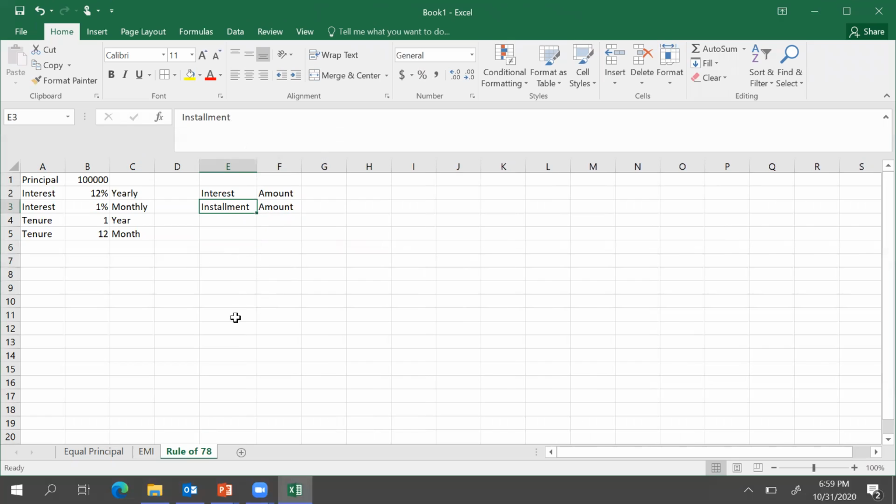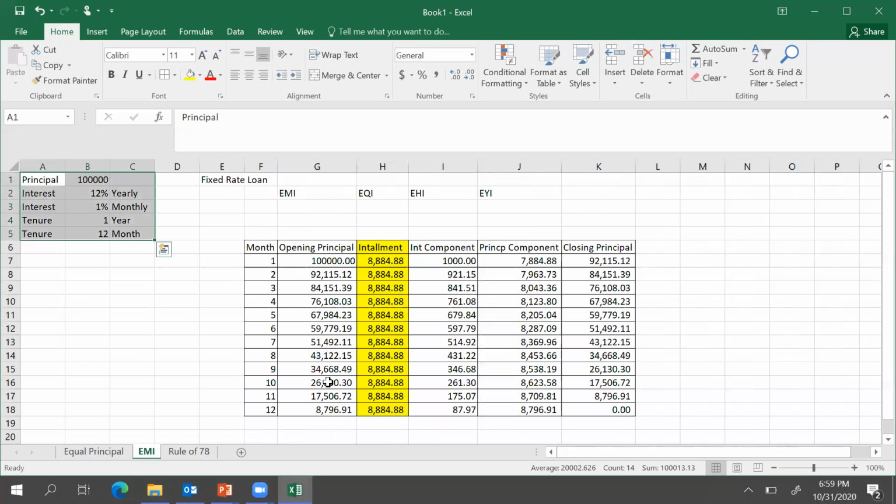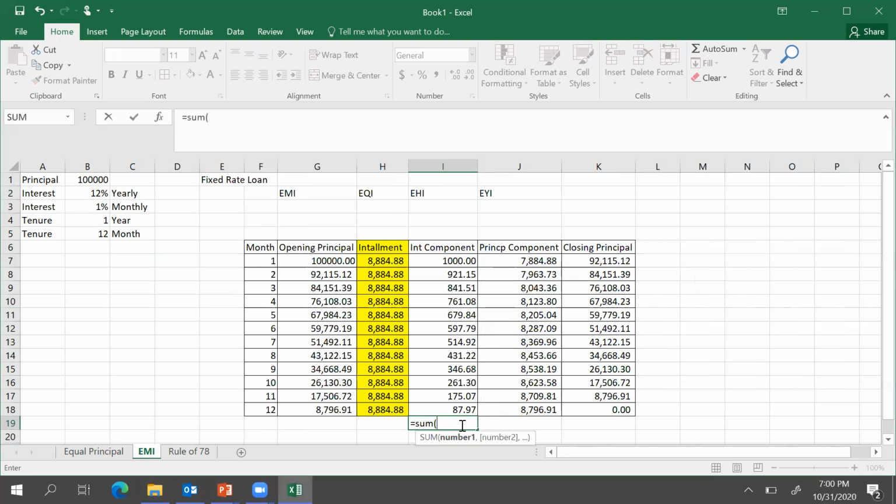So again, we are going to take the interest amount from this example. We will find out what was the total amount of interest, 66185.